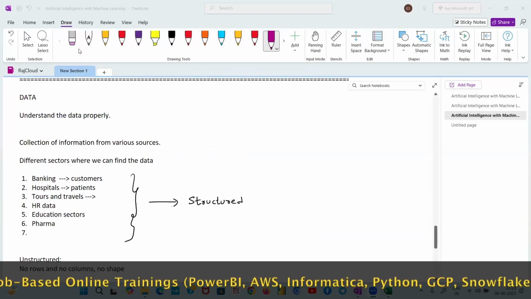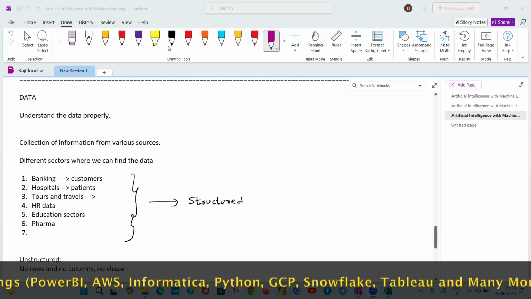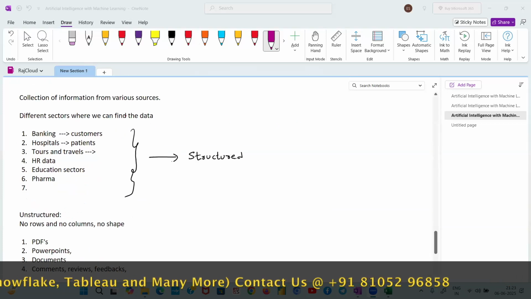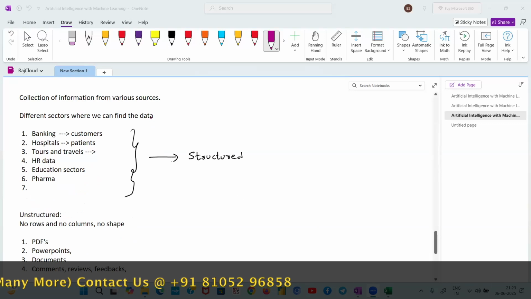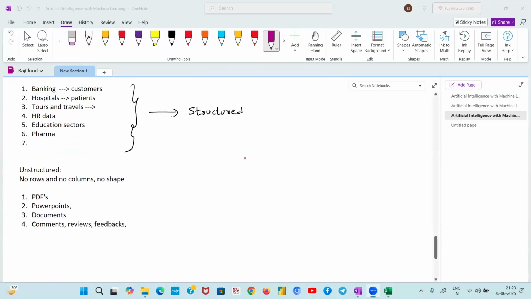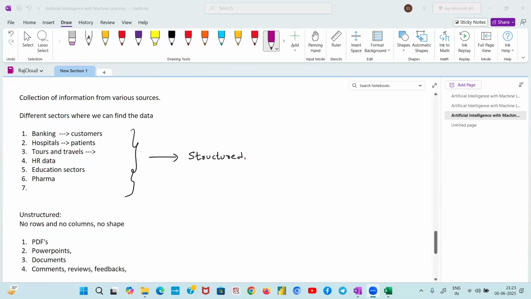So I'm talking about data, and our intention is to understand the data properly. There are multiple sectors where we have a large amount of data, which you may receive in structured or unstructured form. Being a machine learning specialist, you are supposed to work more on structured data.